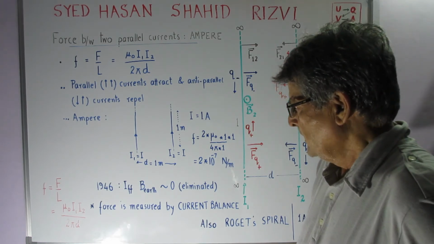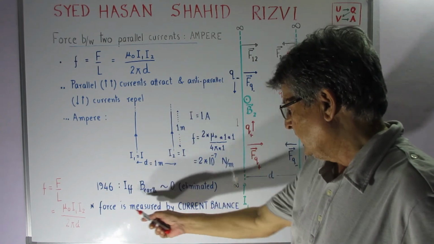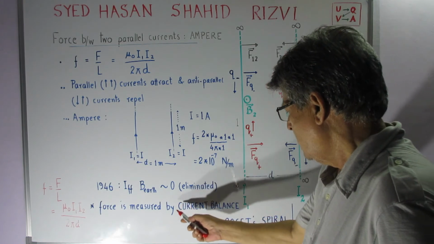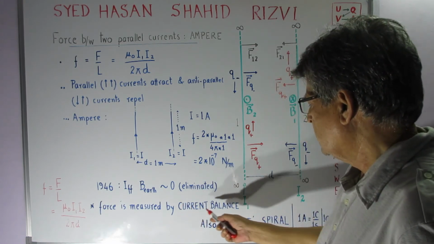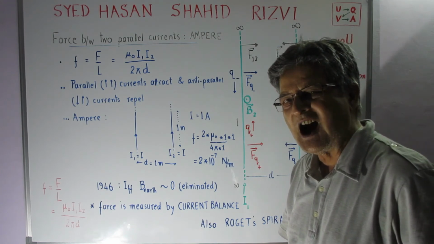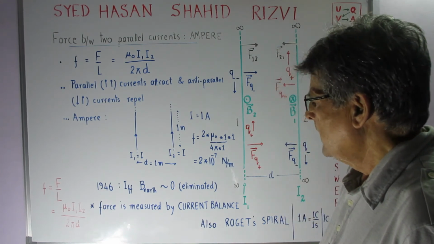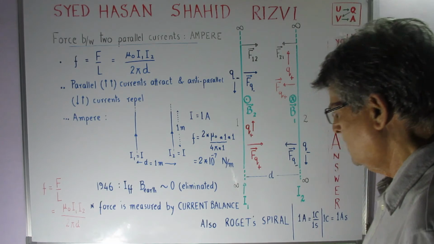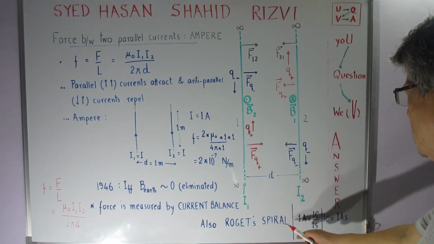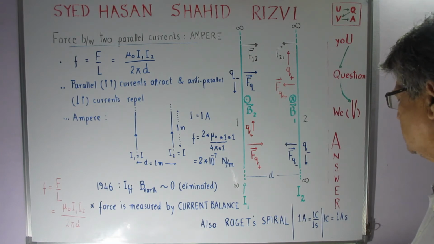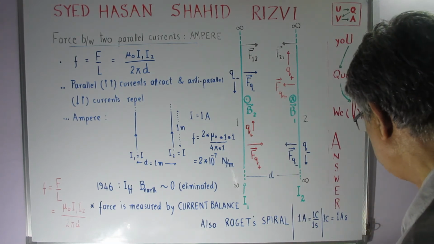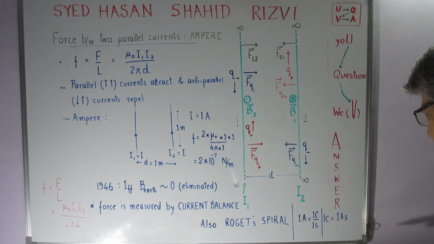The force measurement is carried out by an instrument which is called current balance. In Arabic we call an instrument a jahaz. This can also be measured by several means, and one of them is Roget's spiral. If you want to look for that, you can search for it.